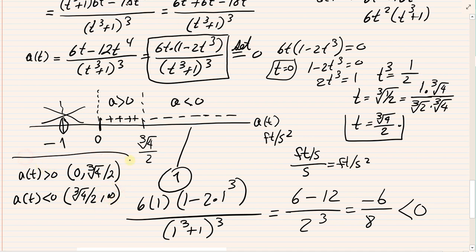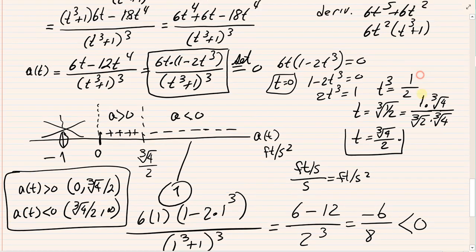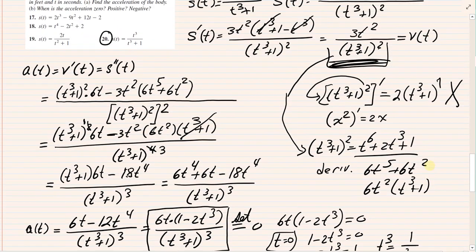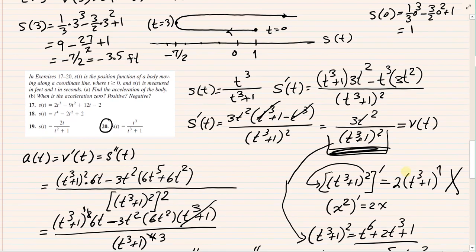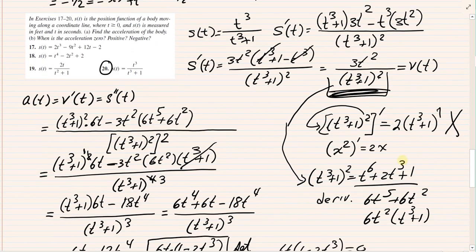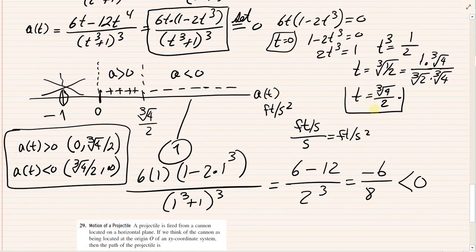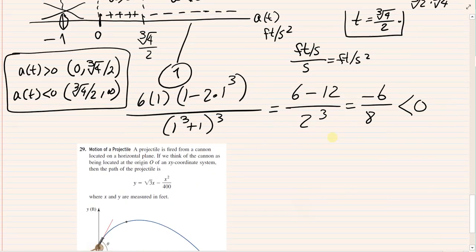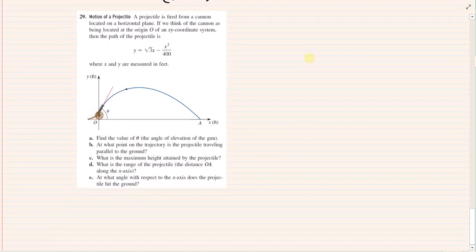There, that's the answer to that question. And that's it. A long problem, huh? But we answered the question. Hopefully you followed what I did, and you can always rewind the video and watch it again.